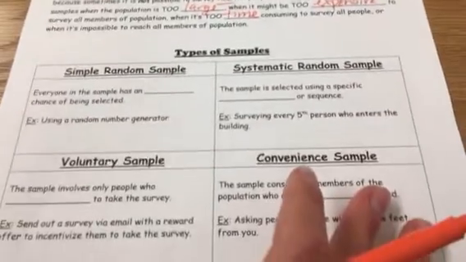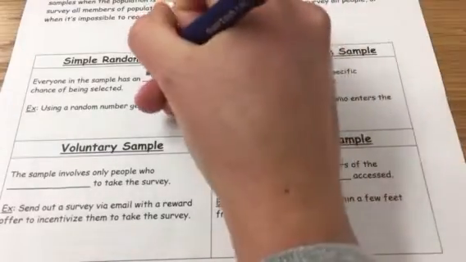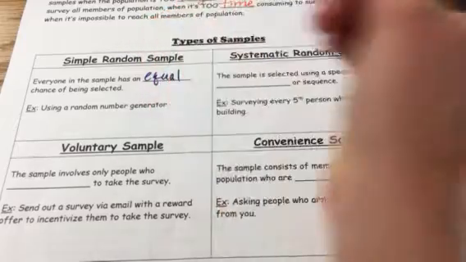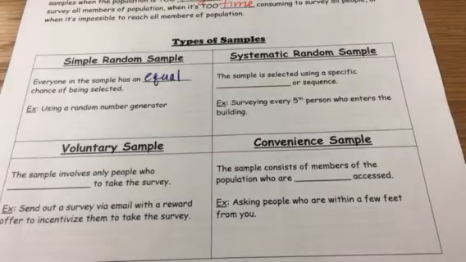So I want to talk about four ways that we can create samples for ourselves, or these smaller subgroups. So a simple random sample is where everyone in the sample has an equal chance of being selected. So one way you could do this is literally by using a random number generator. So you could assign each person in your population a number and then literally use a number generator.